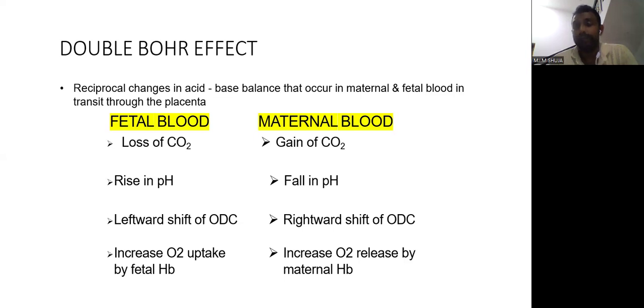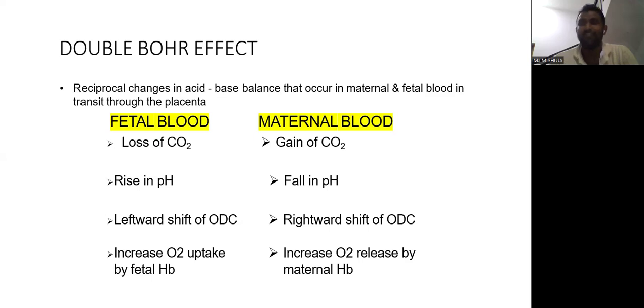So affinity of hemoglobin for oxygen is reduced. Right shift of the oxygen dissociation curve and increased oxygen release from the maternal hemoglobin. So baby will get more oxygen. So this is what we call the double Bohr effect.